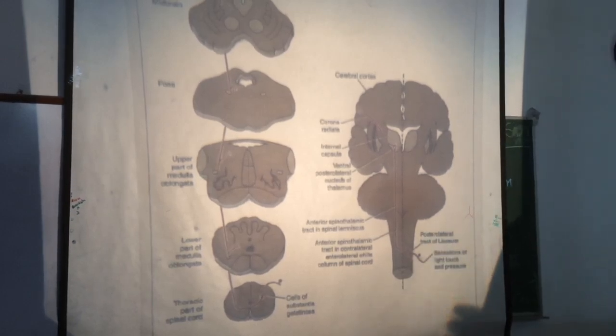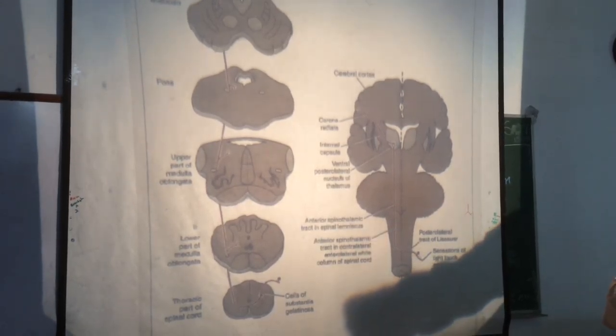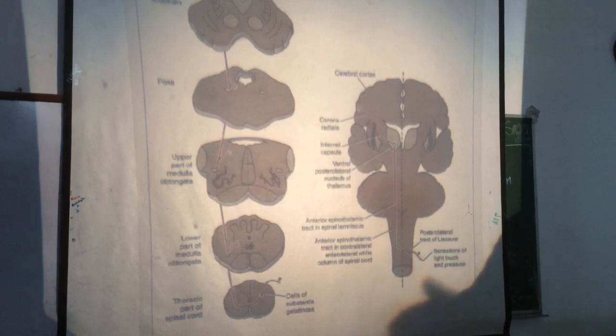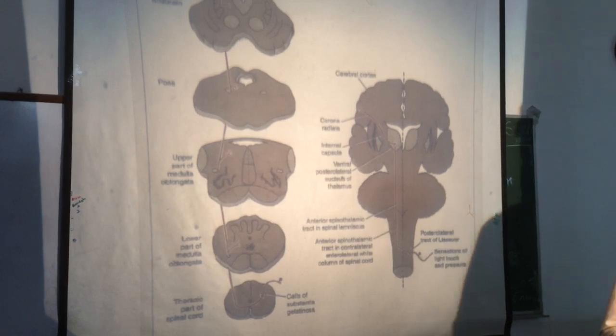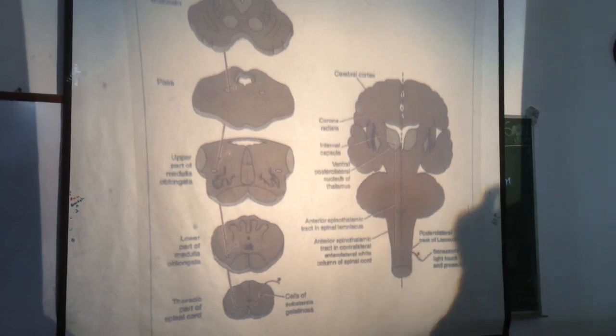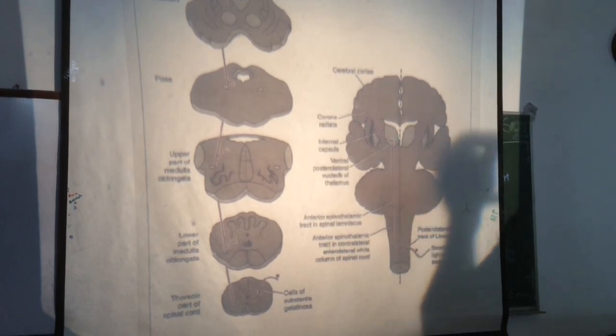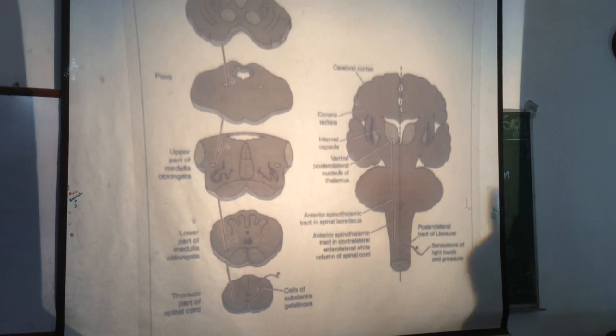So don't forget that at the synapse between A delta nerve fibers and second order neurons in lamina 1, 2, 3, the neurotransmitter is glutamate.